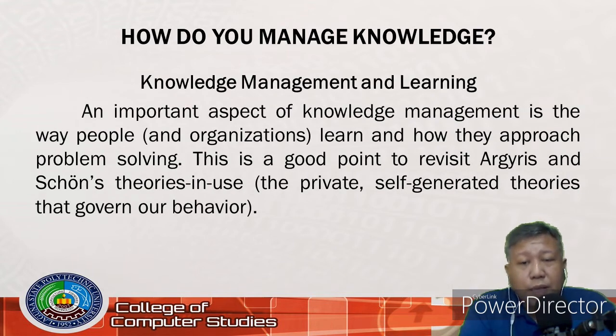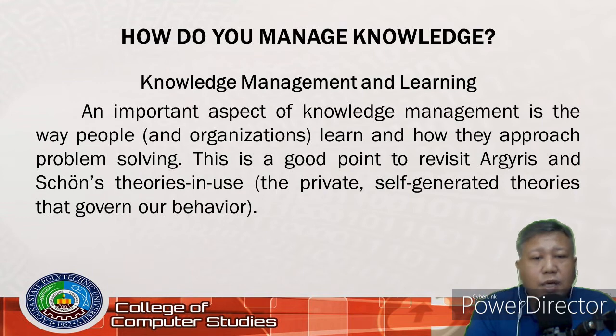So, knowledge management and learning. An important aspect of knowledge management is the way people and organizations learn and how they approach problem solving. This is a good point to revisit Argyris and Schön's theories in use, the private self-generated theories that govern our behavior.